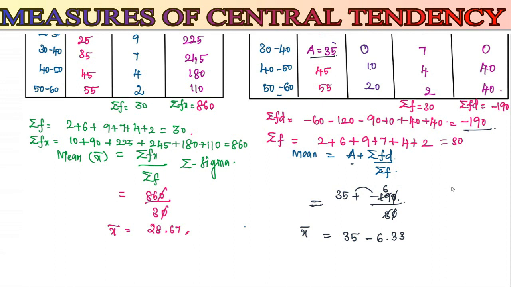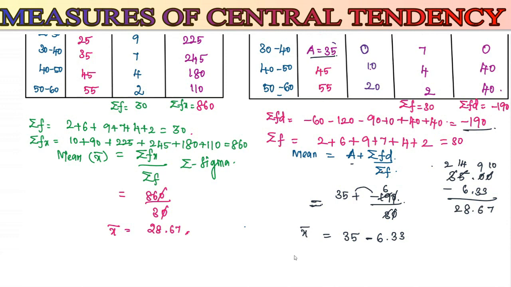Now if you subtract 6.33 from 35, first I take 4 here and 10 here. Again I have to borrow, this is 10 and this is 9. From 10 if you subtract 3 the value is 7. From 9 if you subtract 3 it is 6. 4 minus 6 is not possible, so it becomes 14. From 14 if you subtract 6 the value is 8, and here it is 2.